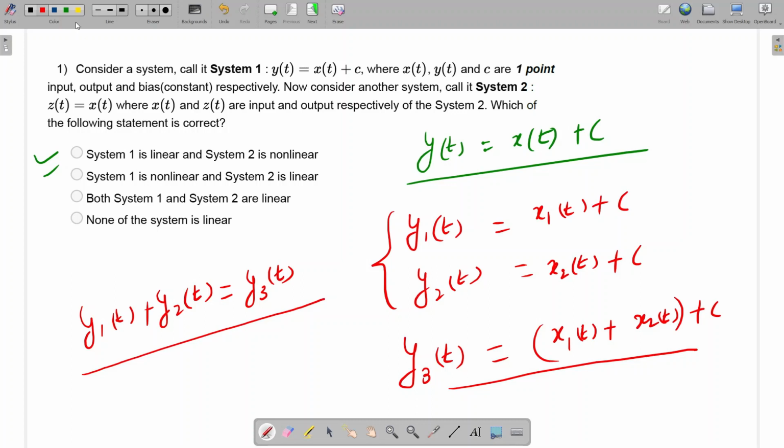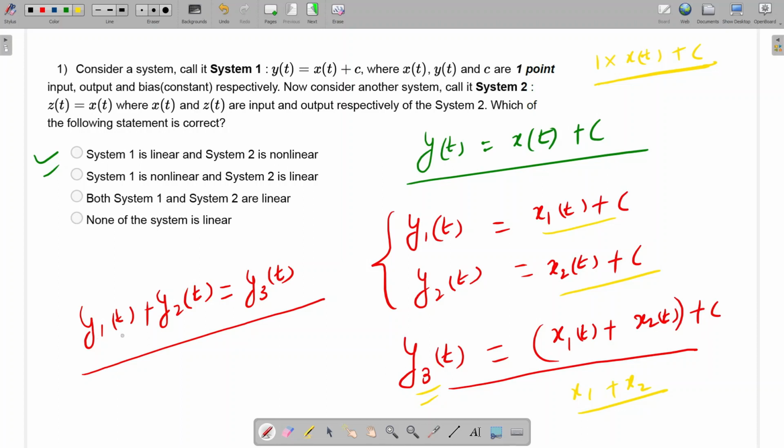Okay. So what we are doing here, we are writing x1 plus t. So this is some transformation. What is the transformation here? In the x variable, we are multiplying by 1 and adding c. This is the transformation. So in y3(t), we are applying this transformation to x1 plus x2: x1(t) + x2(t) into 1 plus c.